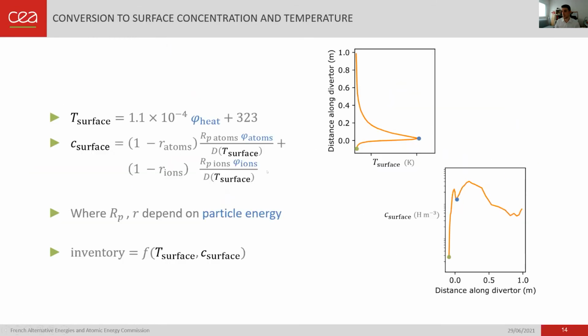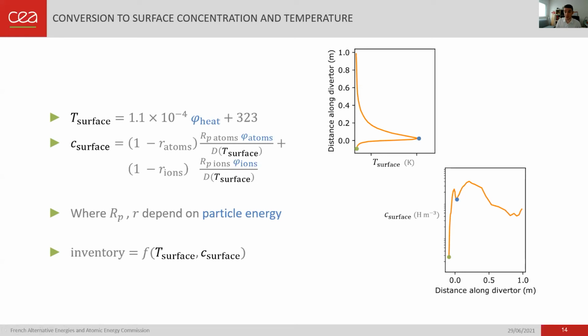We're able to compute the surface temperature based on the heat flux with this law. I won't go into much detail here. And we compute the surface concentration based on a relationship between the flux of particles and the implantation depth R_p and the reflection coefficient R. Both these coefficients depend on the particle energy and eventually the particle angles.